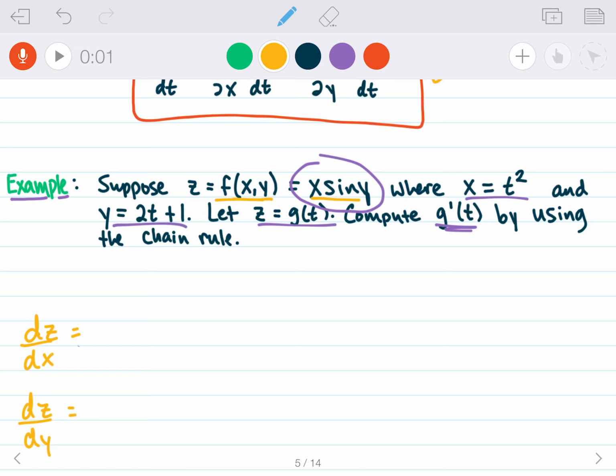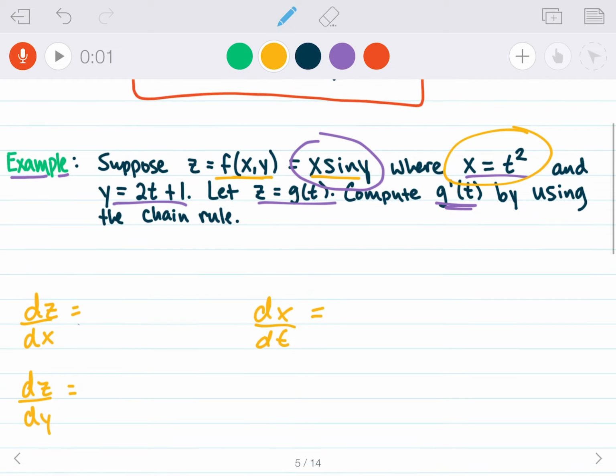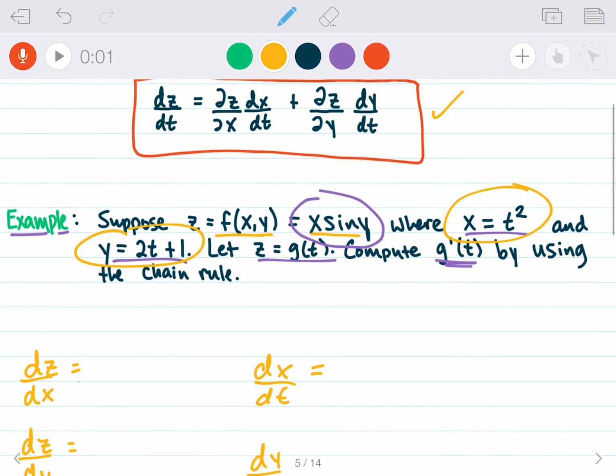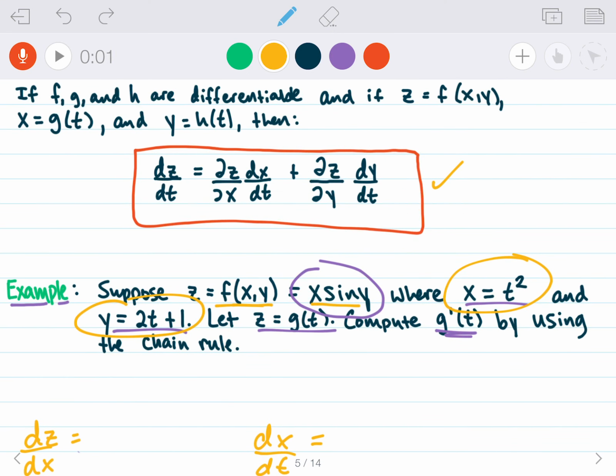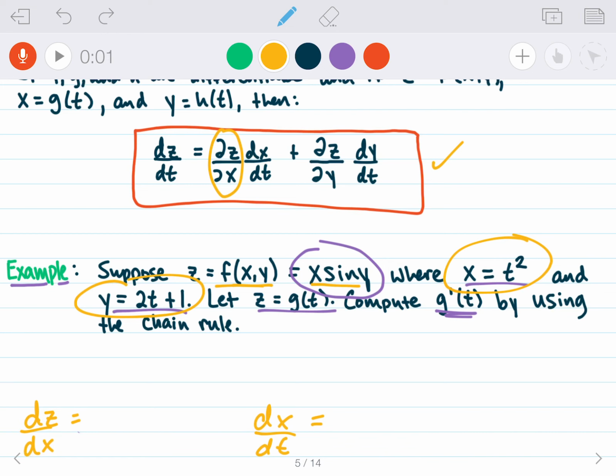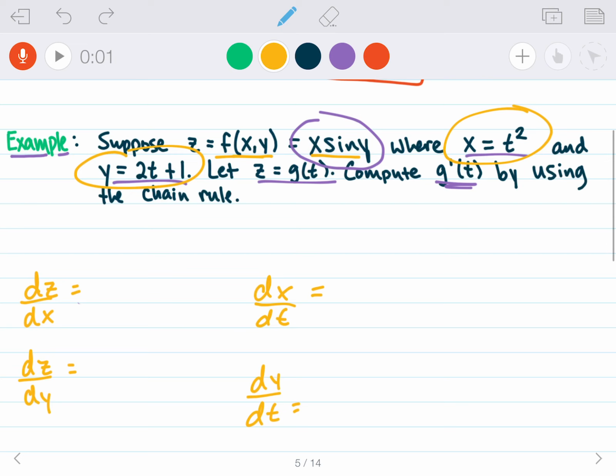Now for x, I can find the derivative of x with respect to t. And then I look at y and I can find the derivative of y with respect to t as well. Once I have all of these values, I can just sub them into my formula, keeping in mind that this is the partial with respect to x and this is the partial with respect to y, even though it's not technically correct. That's how I'm thinking of it here.